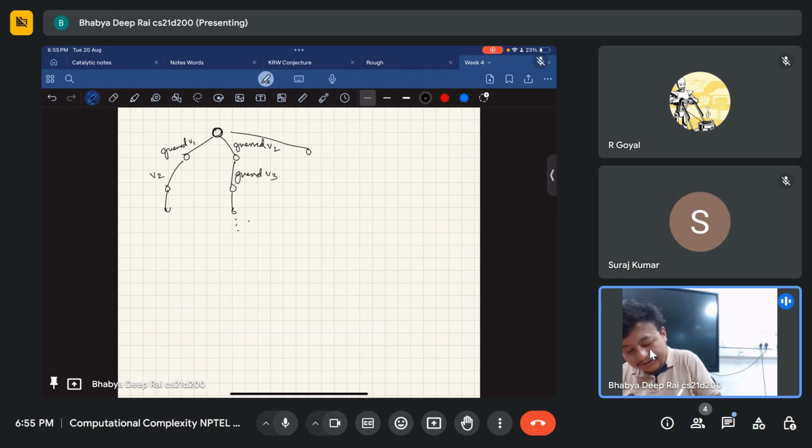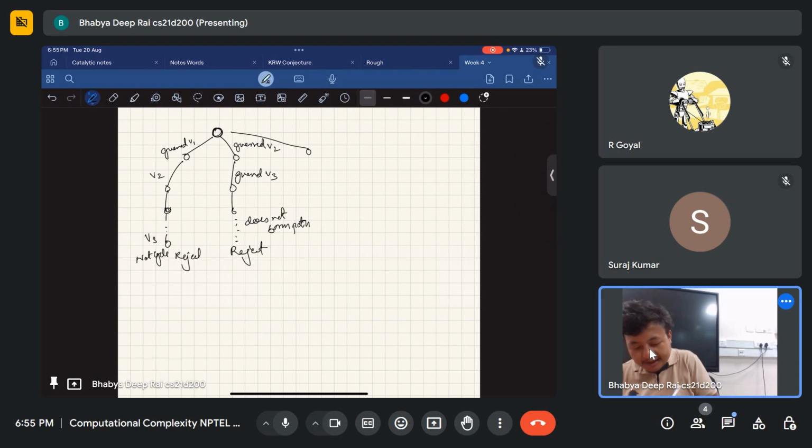And this one realized the row does not form a path, so I'll reject. And at the end, if I reach, let's say v3, I started with guessing v1, I ended up with v3, which is not a cycle. So this is not a cycle.